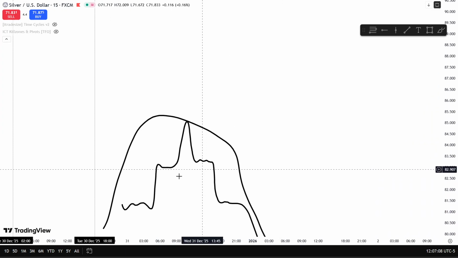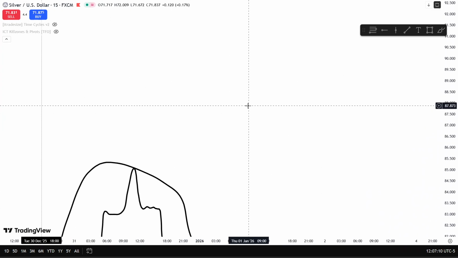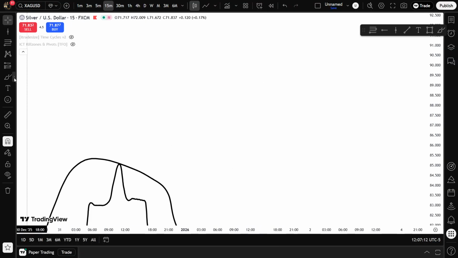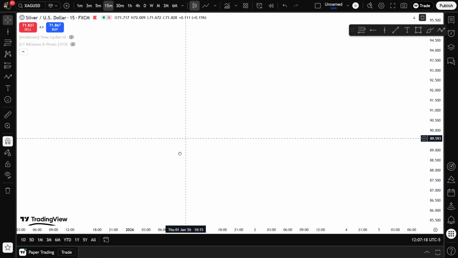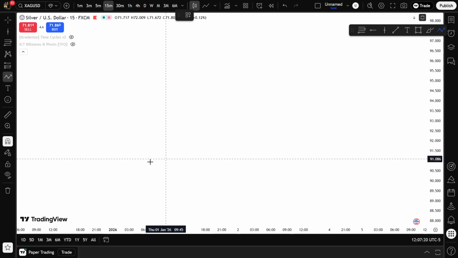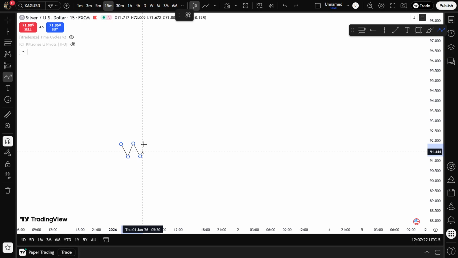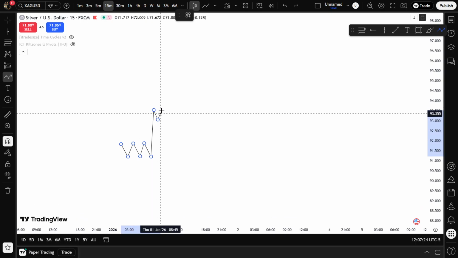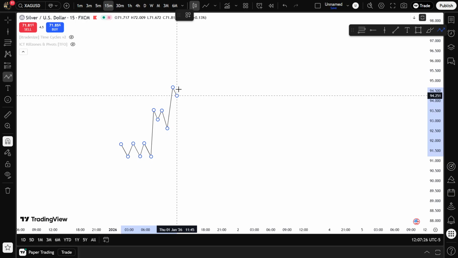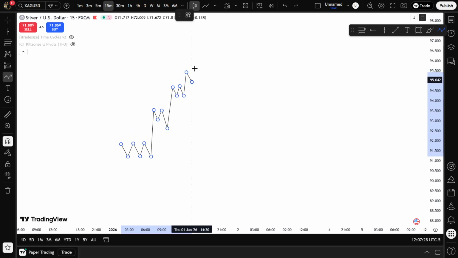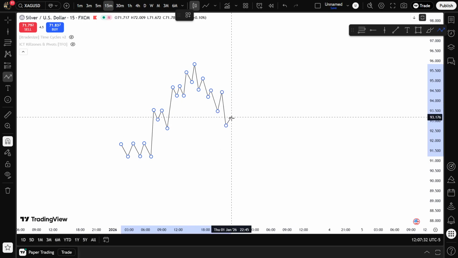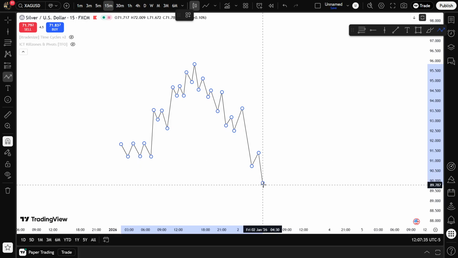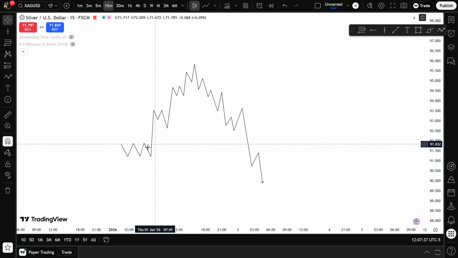All right, so let's bring the arrows, the path here. We will discuss now what market maker is. So market maker sell, this is our initial consolidation, and then this is accumulation.